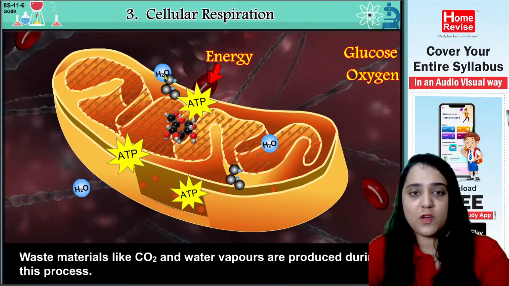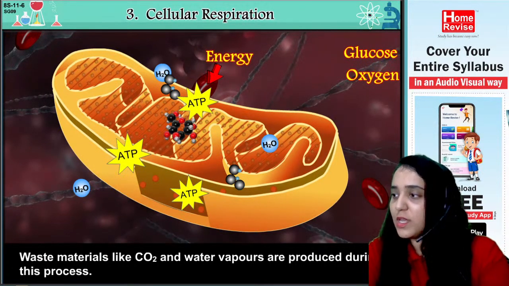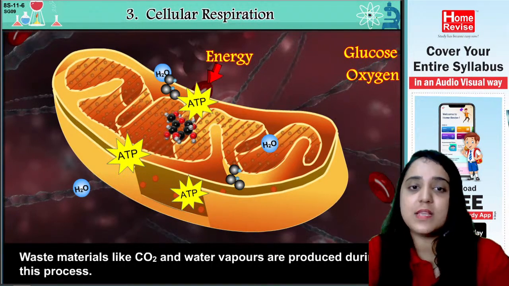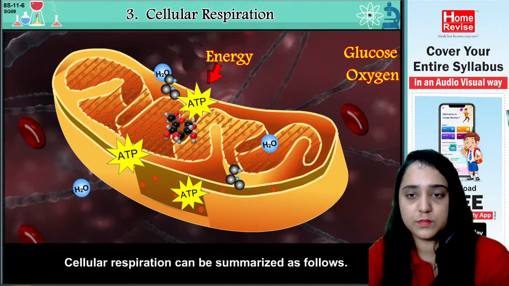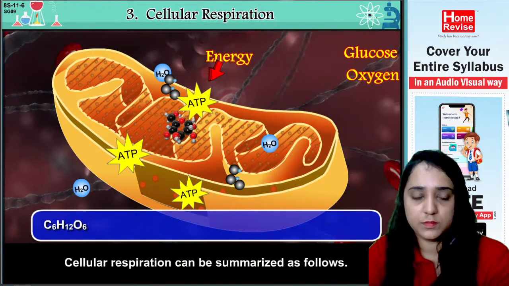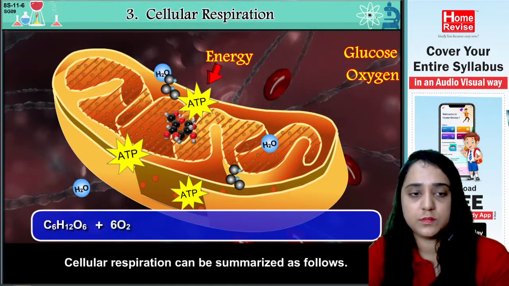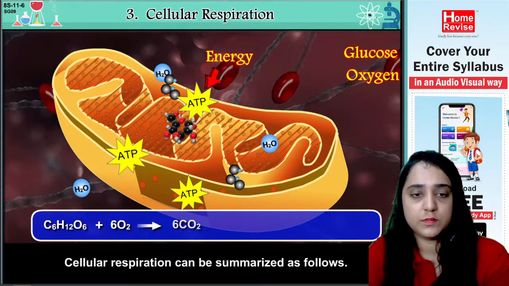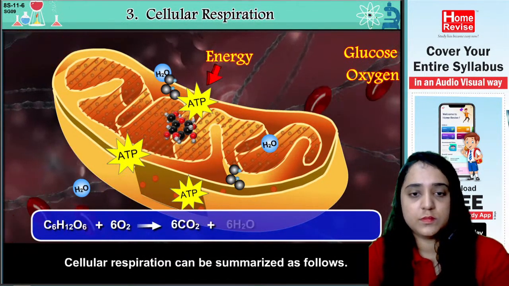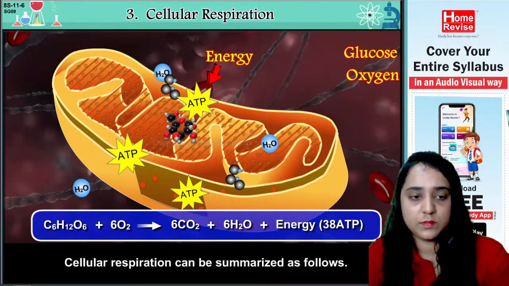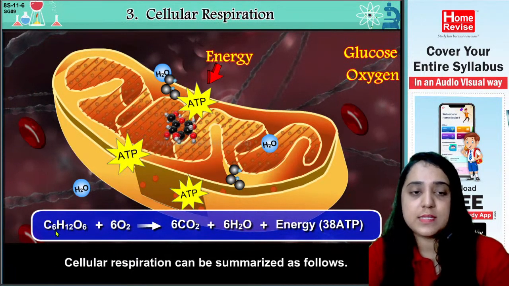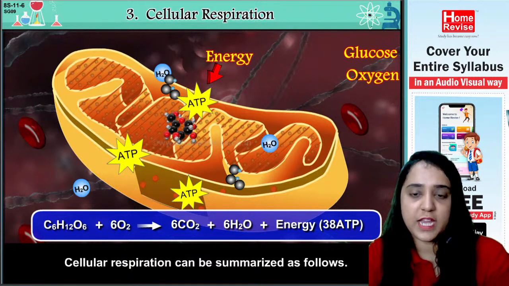See, the figure alongside helps us to understand all these things as we are talking about the cellular respiration. It takes place within these cells. Cellular respiration can be summarized as follows: C6H12O6 plus 6O2 gives 6CO2 plus 6H2O plus energy, 38 ATP.